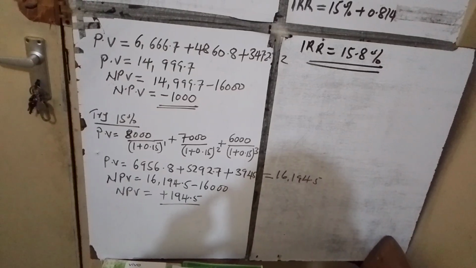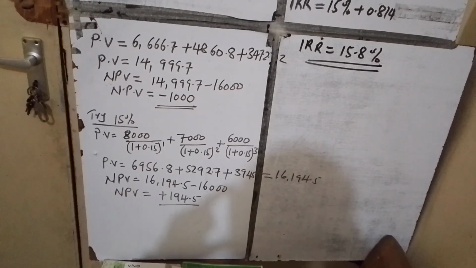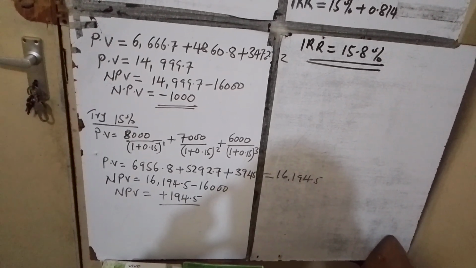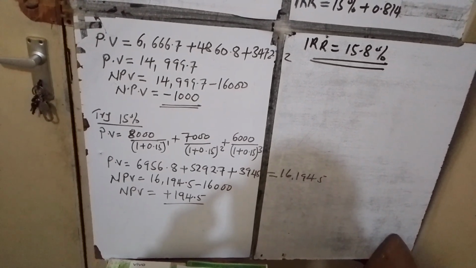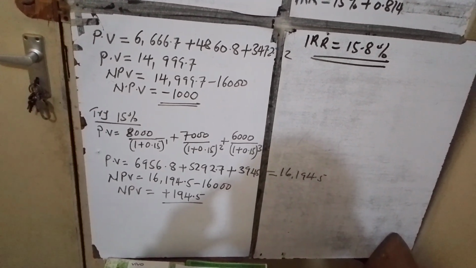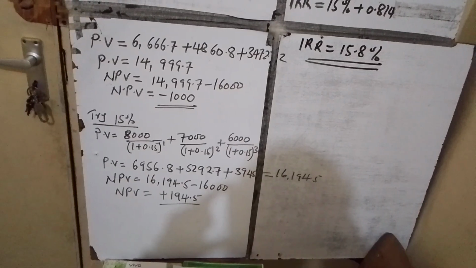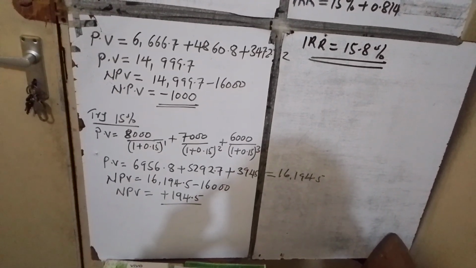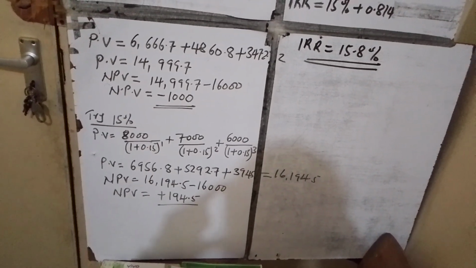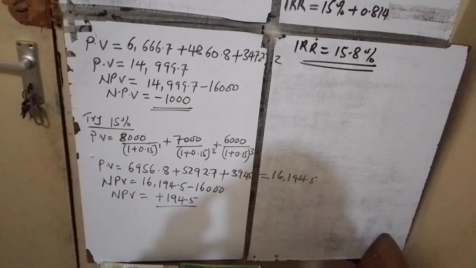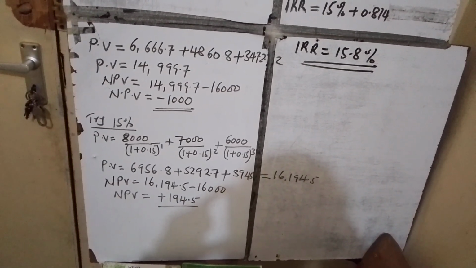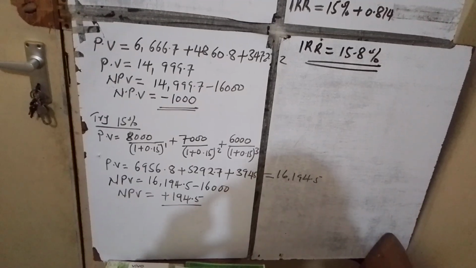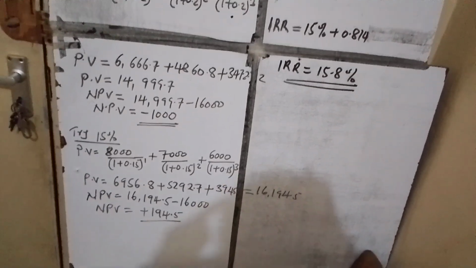Then 6,000 over 1 plus 0.15 raised to 3, that's 3,945. So the present value is 16,194.5. Net present value: 16,194.5 minus the initial capital outlay of 16,000, and you get a net present value of positive 194.5. So that is what I was looking for.